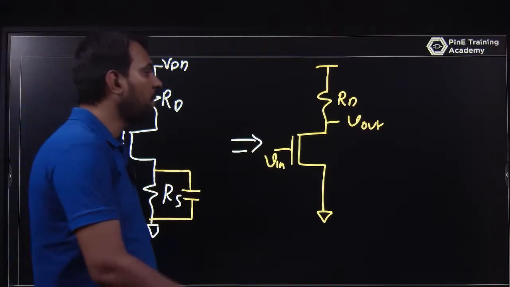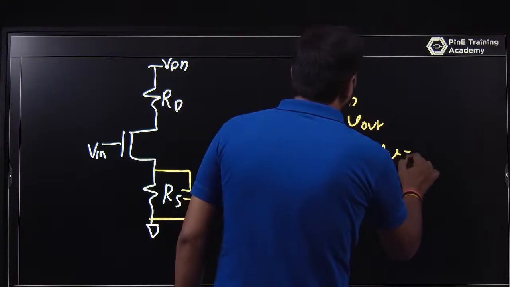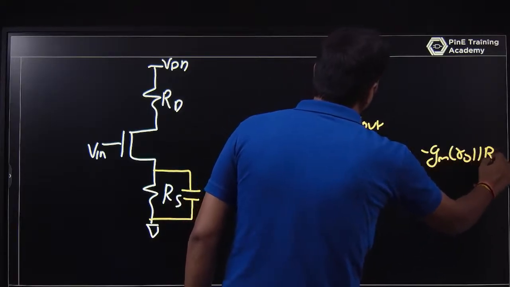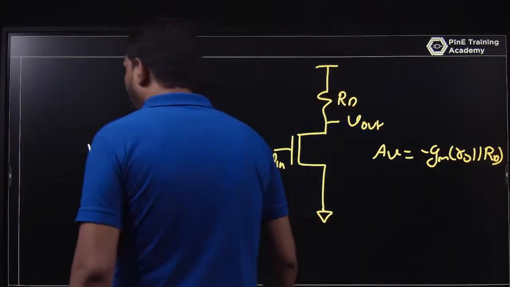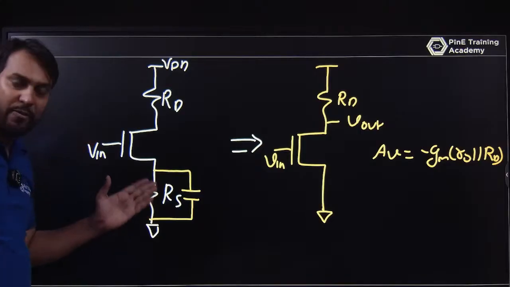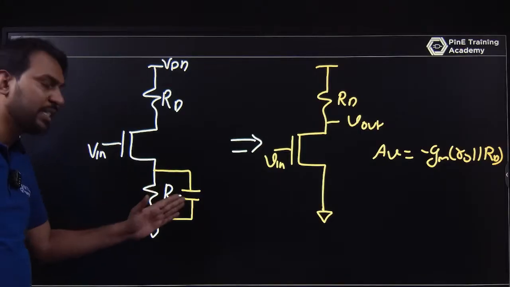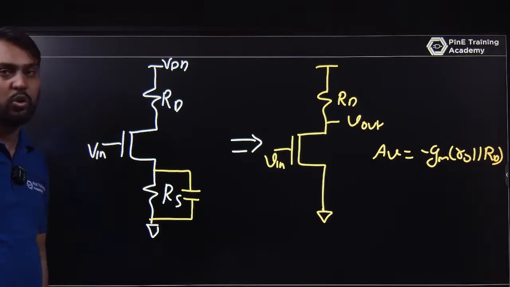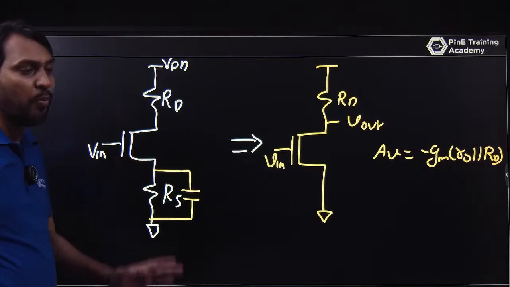So the gain will be minus gm times (ro parallel RD) only. But when you set the DC operating point, this capacitor acts like an open circuit, and this RS is present in your circuit. It will help to set your operating point.